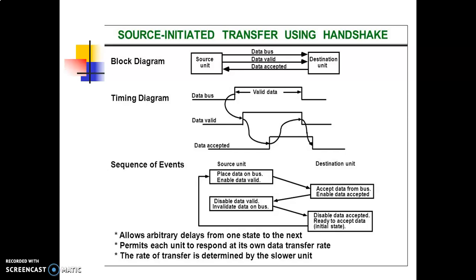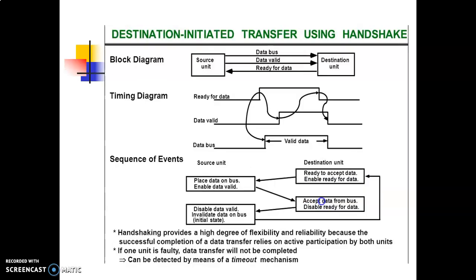The data accepted signal is activated by the destination unit after it accepts the data from the bus. The source unit then disables its data valid signal, which invalidates the data on the bus. The destination unit then disables its data accepted signal and the system goes into its initial state. Okay, so this is the example of source initiated transfer using handshake.